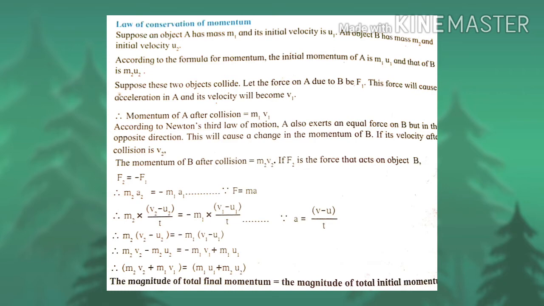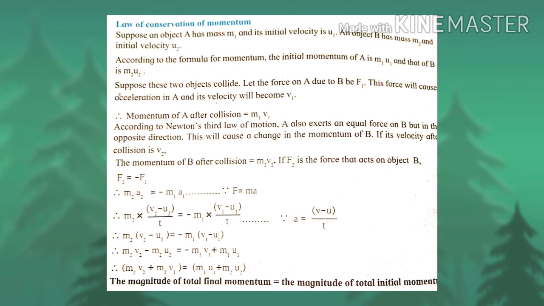Substituting in the above, we get m2 a2 is equal to minus m1 a1. But a is equal to (v minus u) divided by t. Substituting this, we get m2 (v2 minus u2) divided by t is equal to minus m1 (v1 minus u1) divided by t.